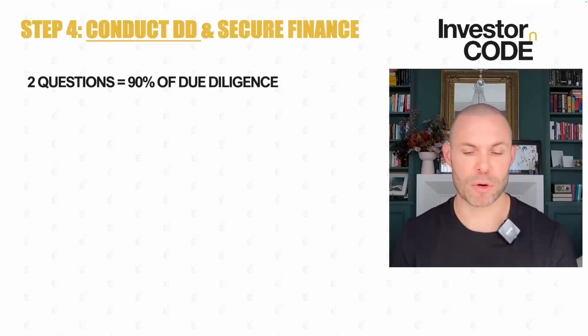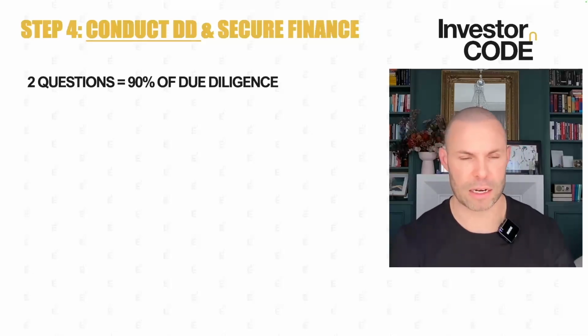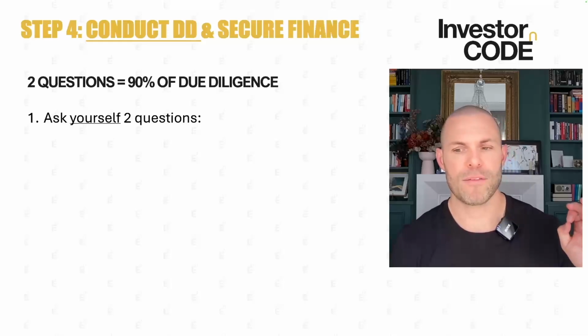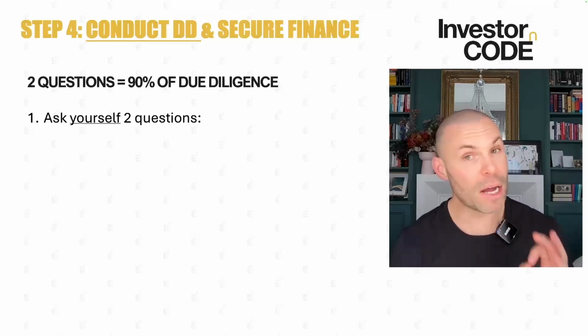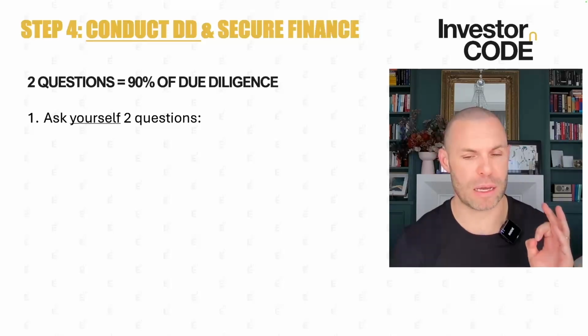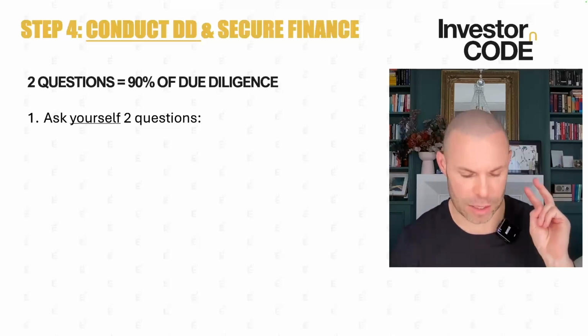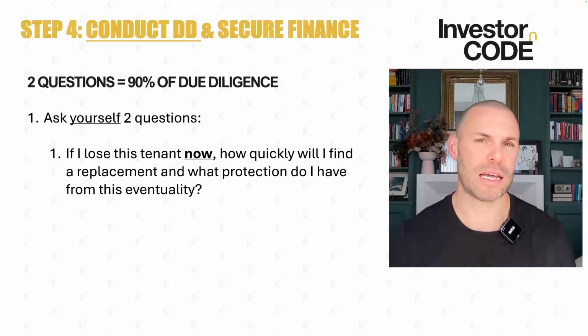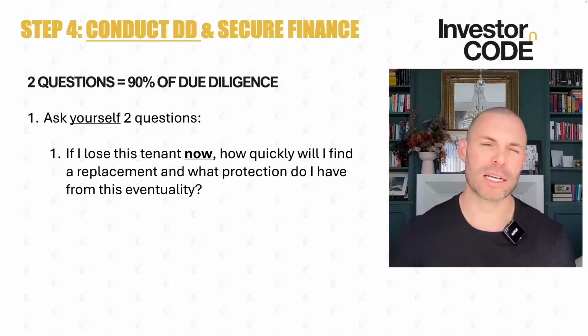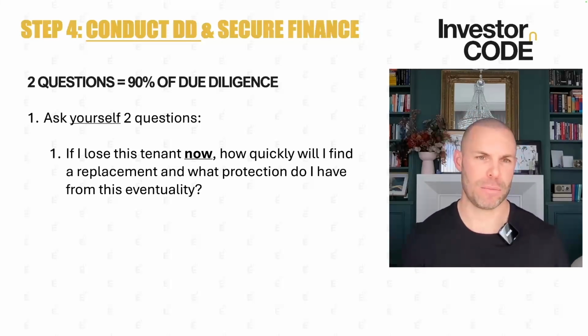I've said this before, and I cover this in a lot more detail in another video, but if you want to cover 90% of your due diligence, you just need to ask yourself 2 questions, okay? The first one is, if I lose this tenant now, how quickly will I find a replacement, and what protection do I have from this eventuality?